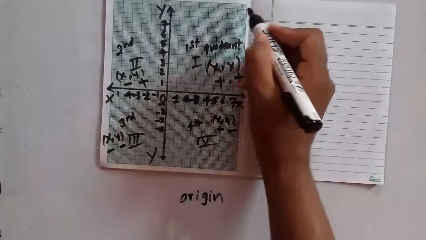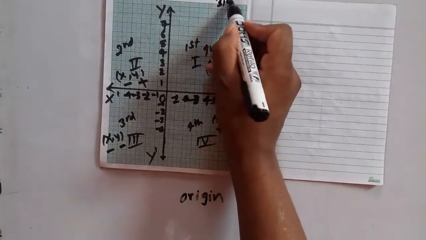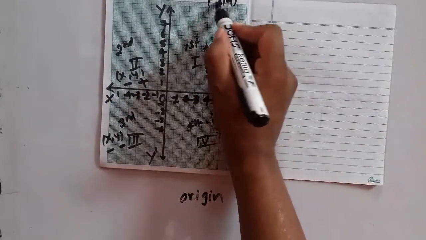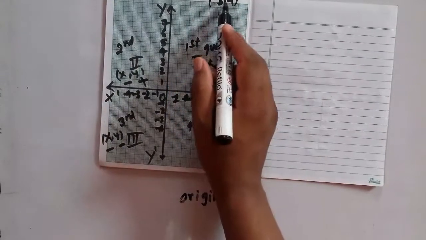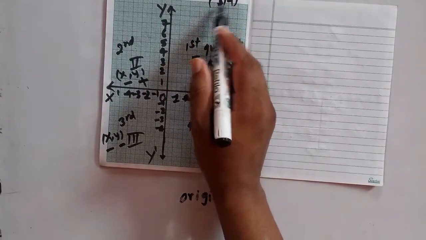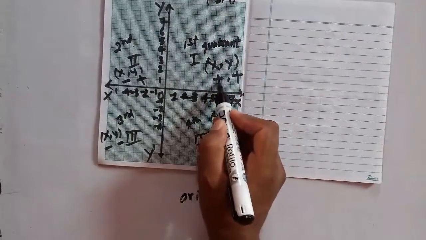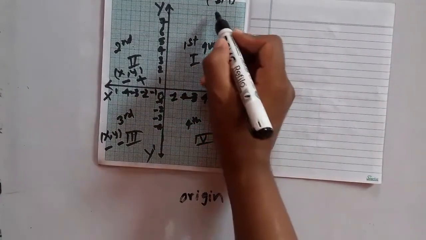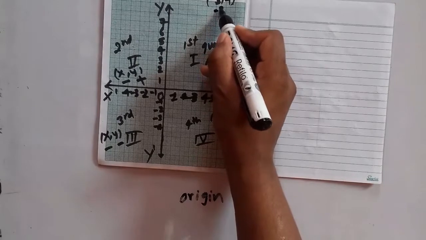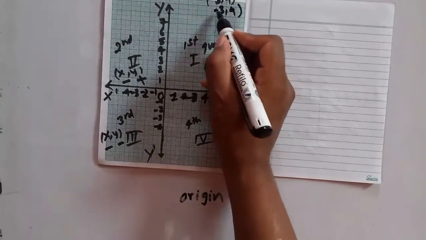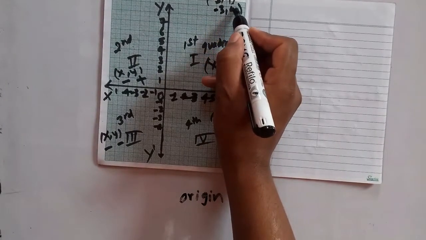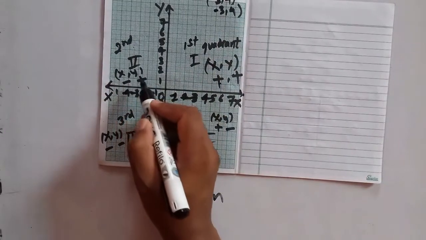For example, when we have to plot (3, 4), since both are positive, this point will lie in first quadrant. Positive, positive. And then (-3, 4), here X is negative, Y is positive.